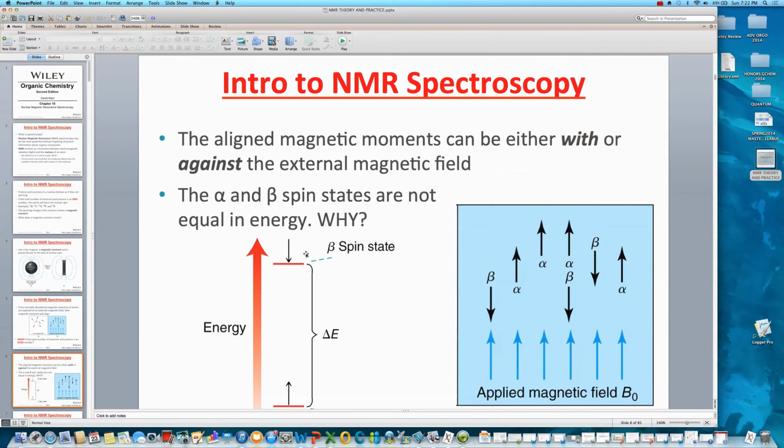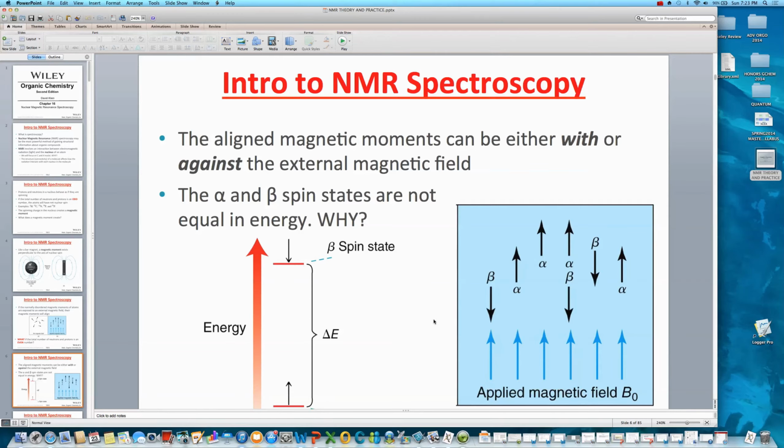And then, of course, it will stay in that higher energy state for just a bit, and then finally it will relax back down to the alpha state. When it relaxes back down to the alpha state, there's going to be energy that will be emitted.